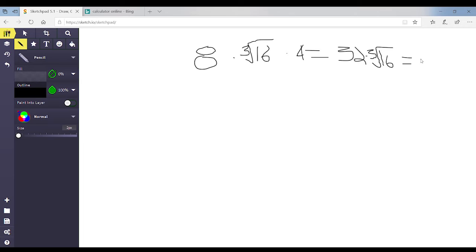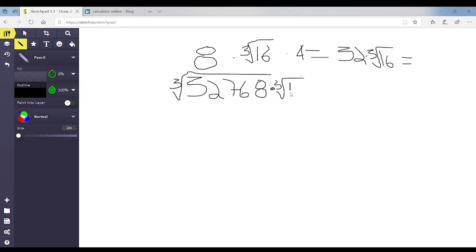So that's 32768 under a cube root, times the cube root of 16.